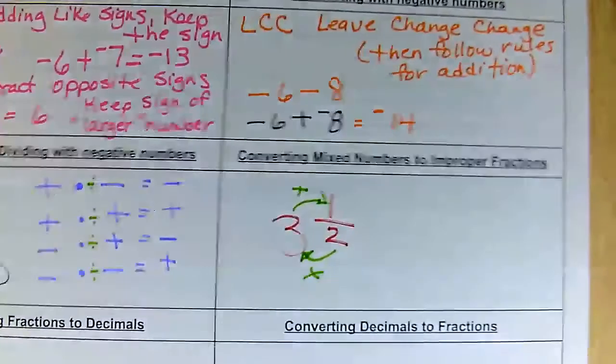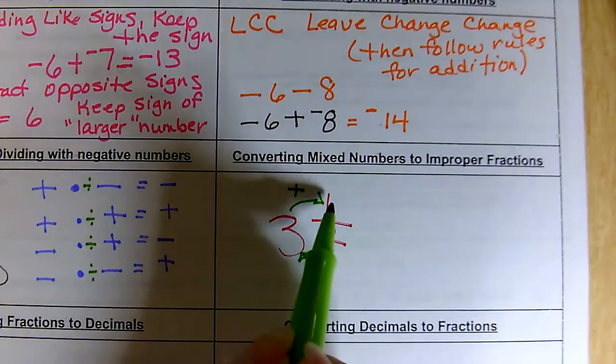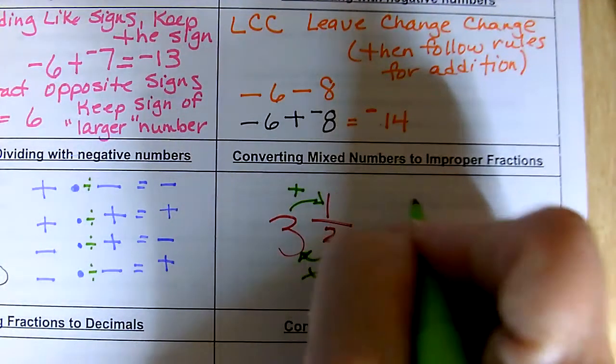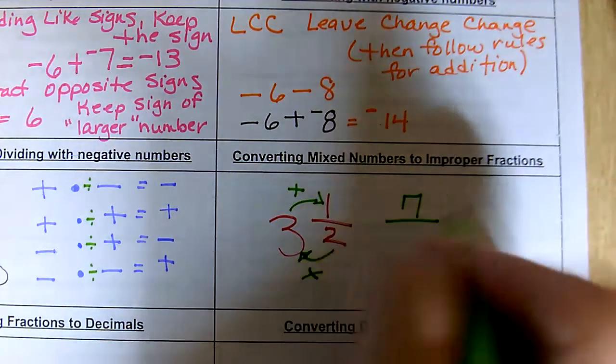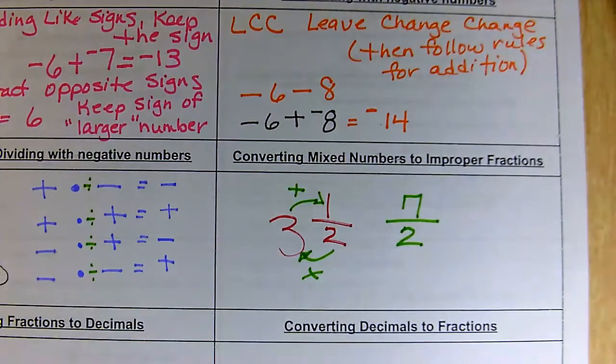So 2 times 3, and then you add the 1 to it. So 2 times 3 is 6, plus 1 is 7. So the improper fraction is 7/2.